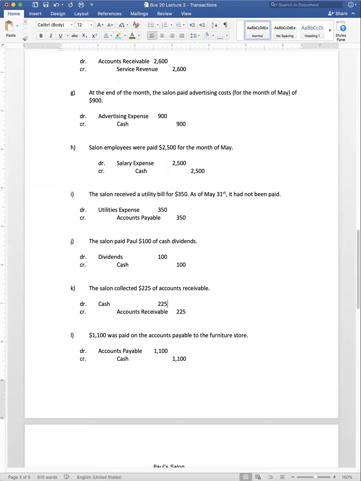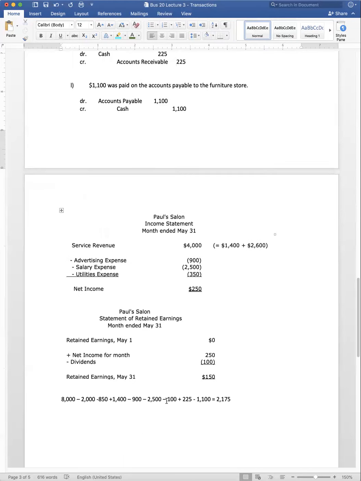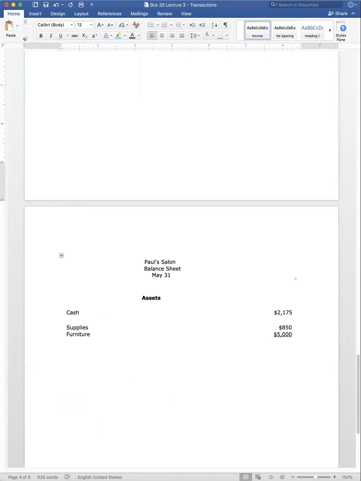So the accounts receivable that we have is going to be the $2,600 minus $225. And that's going to give us $2,375 of accounts receivable. So let's put that here on our balance sheet.